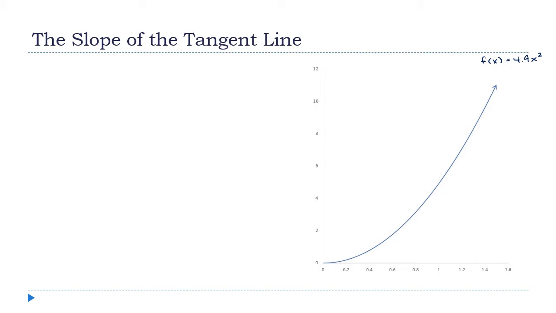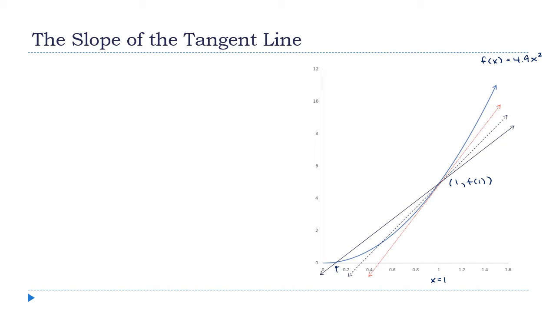So what I'm trying to do is find the slope of the tangent line at x equals 1. And you remember we ran into some trouble with this because to find the slope we need 2 points, not just one. So what we did is we said, okay, I'm going to look at secant lines. I'm going to keep this point at 1 comma f of 1 fixed, and I'm going to let this point down here slide closer and closer to 1.